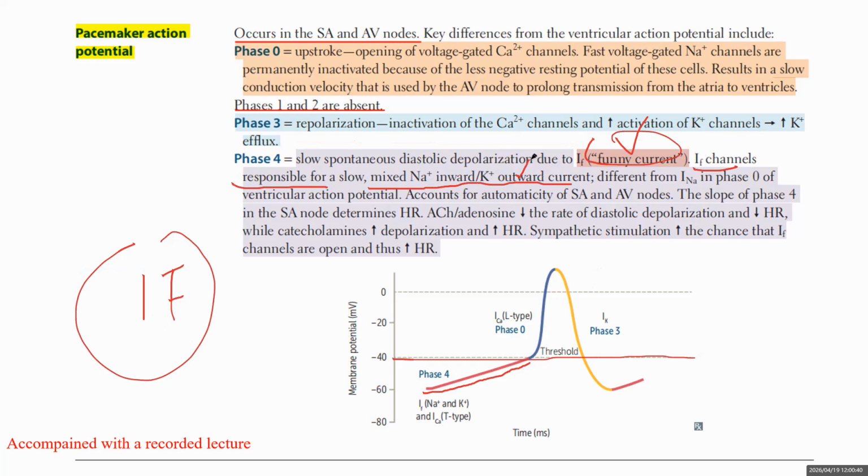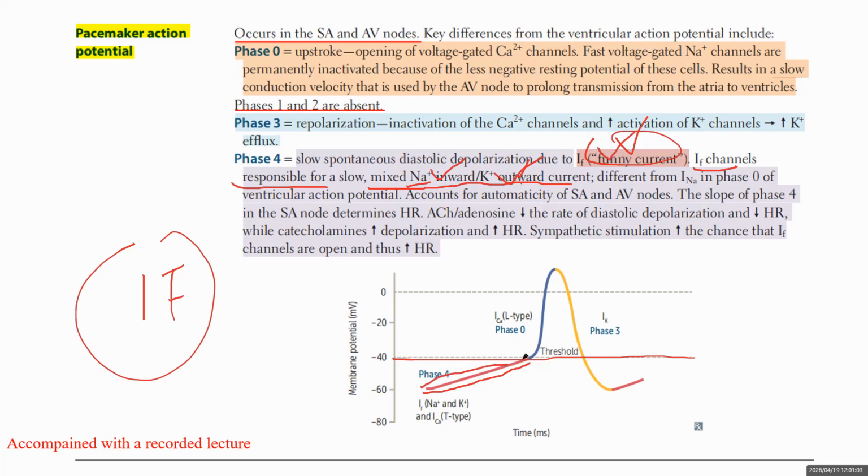In addition to that, we also have the T-type calcium channels, which may contribute toward the later phase of phase 4 and help the cell approach the threshold. So remember the T-type calcium channels, the inward sodium, and the outward potassium movement because of the funny current.